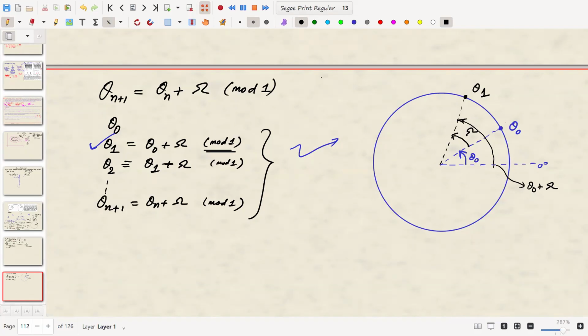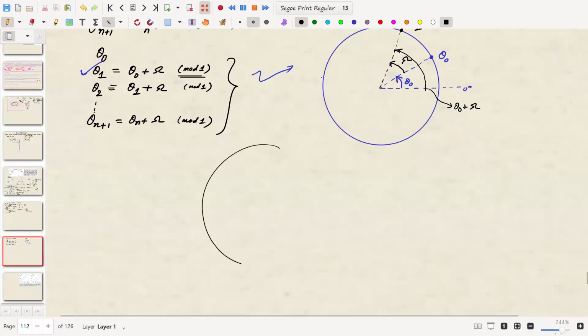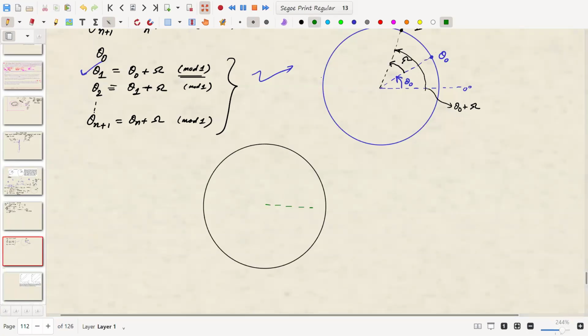Now, suppose omega was around 2 pi, or 3 pi. Let us consider 3 pi just to have an intuition. So this is the 0 degree, and suppose this is theta naught.